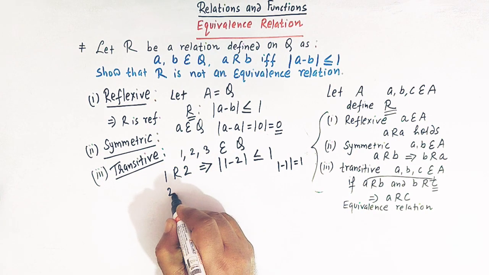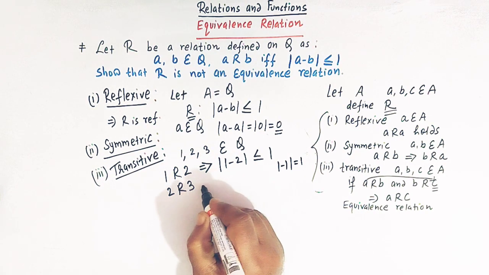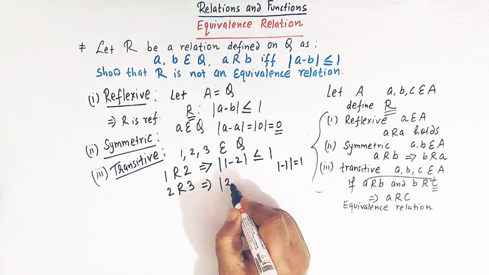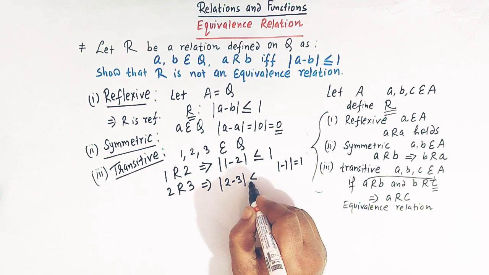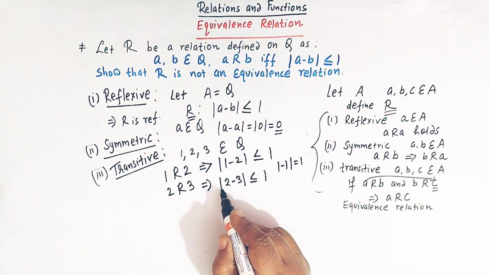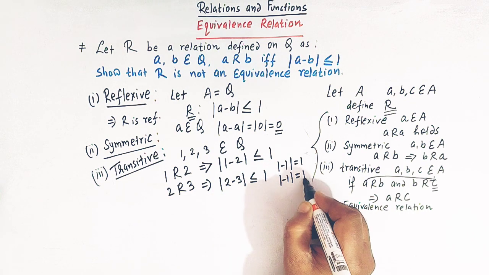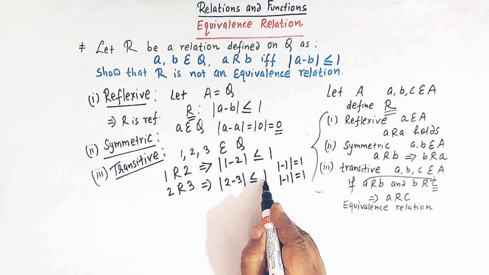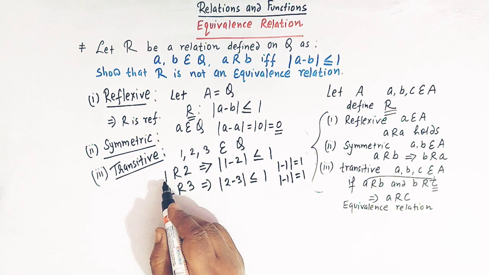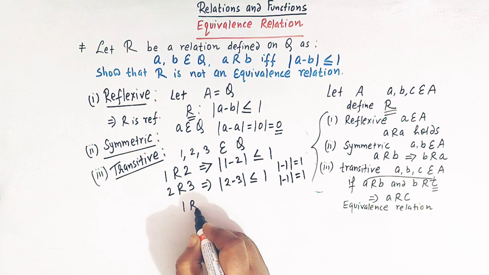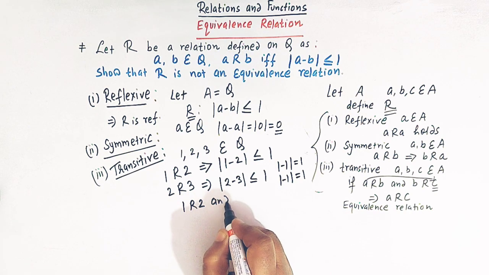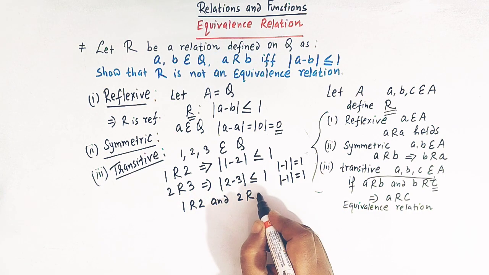And 2 is related to 3, because mod of 2 minus 3 is less than or equal to 1, and again mod of 2 minus 3 is mod of minus 1, which is 1. So 1 is equal to 1. So we have 1 related to 2 and 2 related to 3.